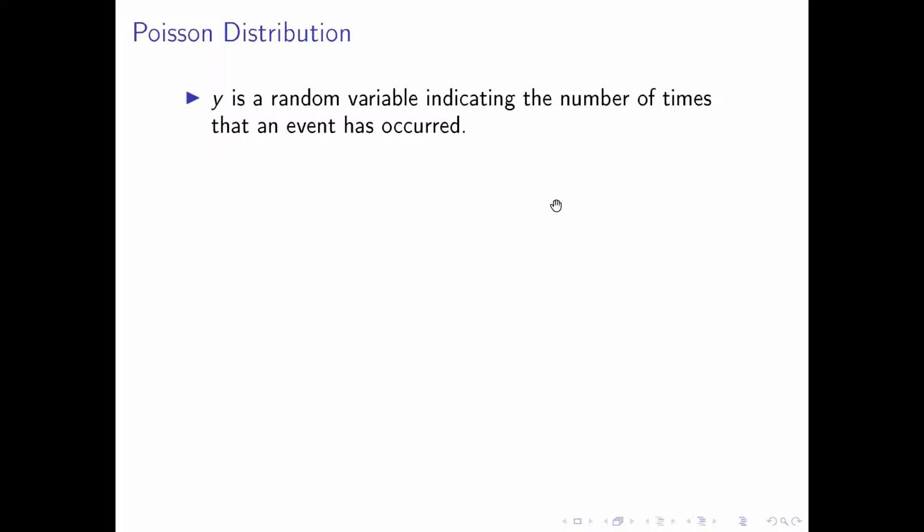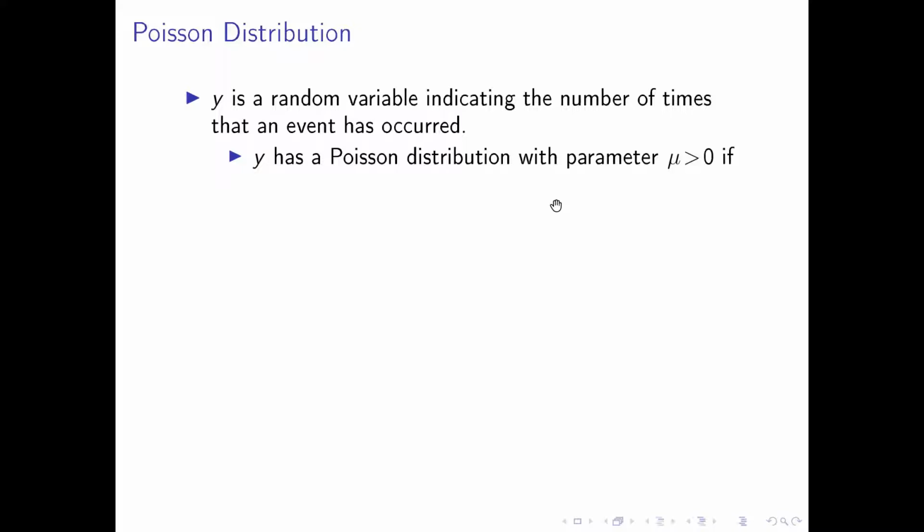Okay, so let me talk about Poisson distribution. What is Poisson distribution? We say Y is a random variable indicating the number of times that an event has occurred. And we say Y has a Poisson distribution with parameter mu greater than 0. So what is mu here?